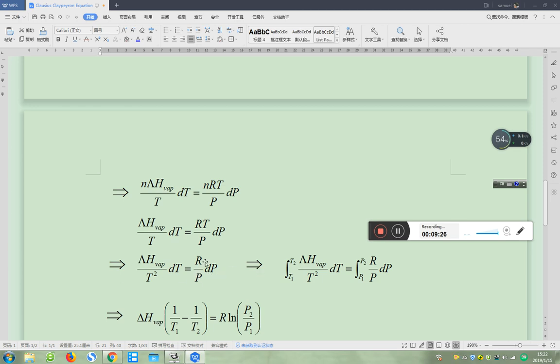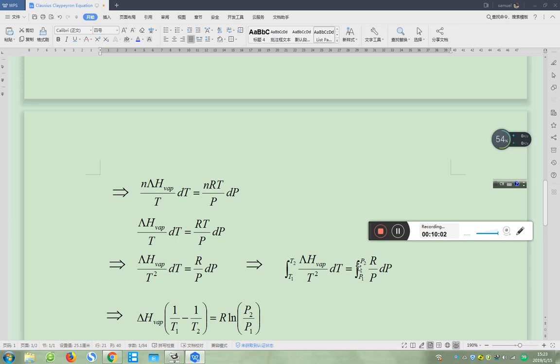Then we take the integral on both sides: the integral over temperature from T1 to T2, and the integral over pressure from P1 to P2. We can assume the heat of vaporization is constant over a pretty small range of temperature, so we can take it out of the integral.